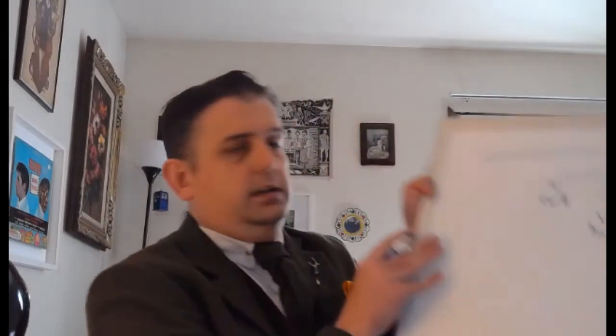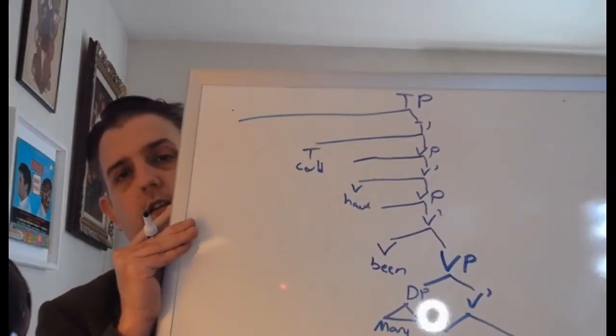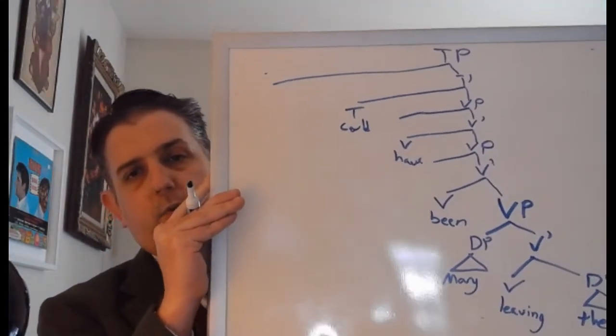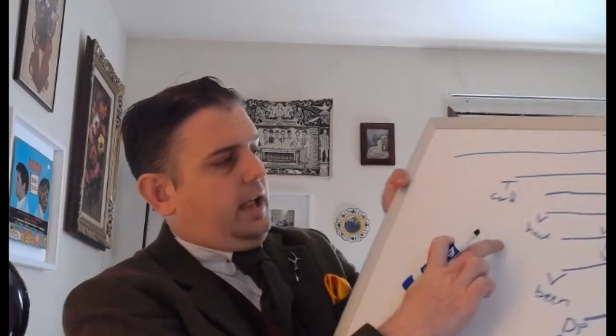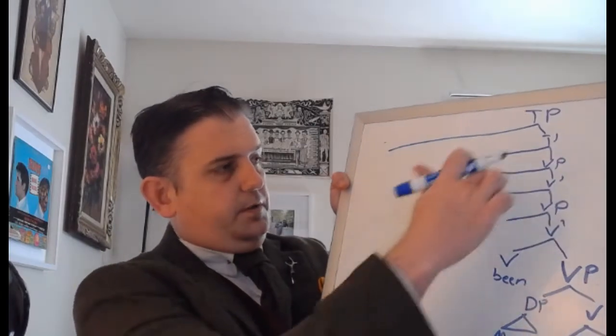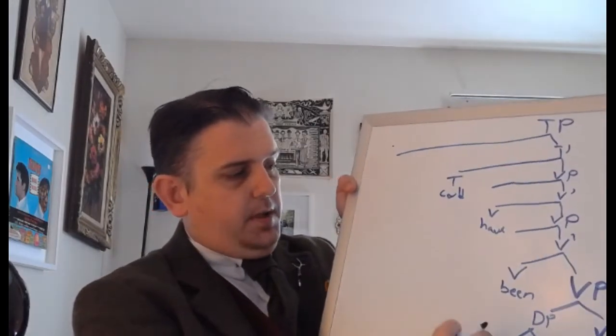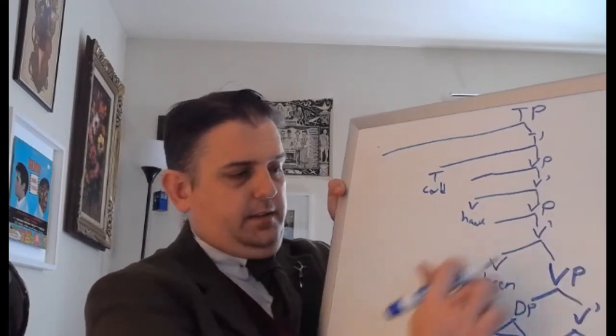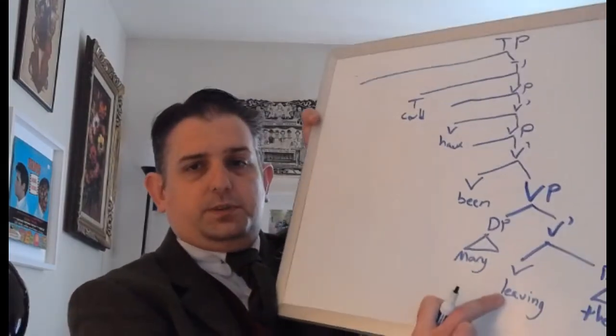And then our TP here. But this is basically what is going to happen. So we have could, have, been. Have and been are both inside their own VPs, projecting their own VPs, which stack on top. Mary is still down inside the main VP, down low inside leave, where it's receiving its theta position.